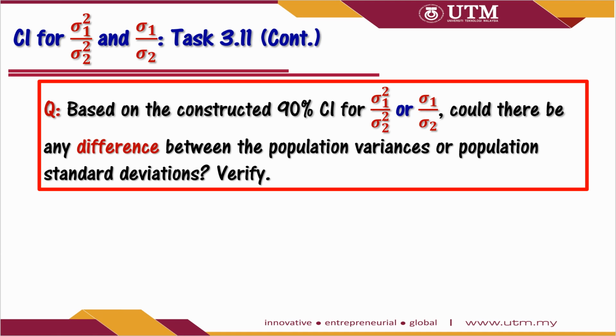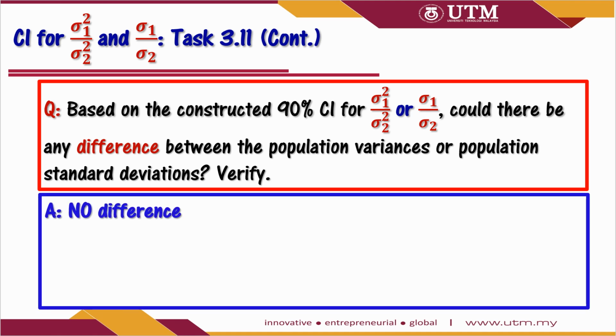The answer to this question is no difference. There could be no difference between the population variances or between standard deviations of the cans axial loads. How to verify? If you notice, both confidence intervals, that is the confidence interval for the ratio of variances and for the ratio of standard deviations, contain a lower limit which is less than 1 and the upper limit which is more than 1.